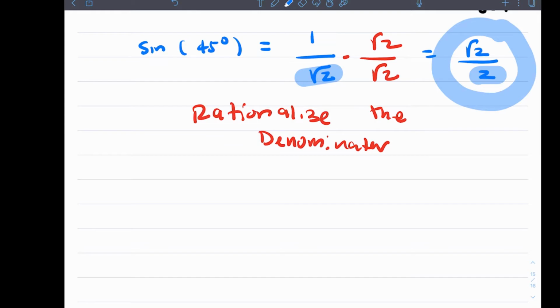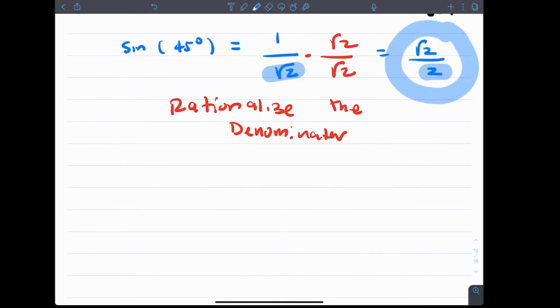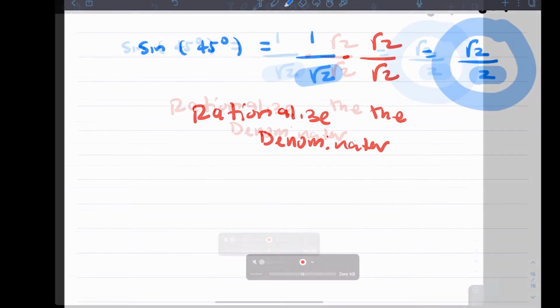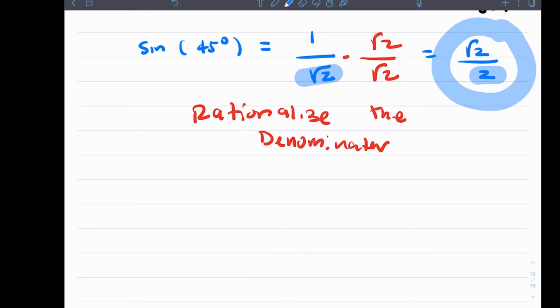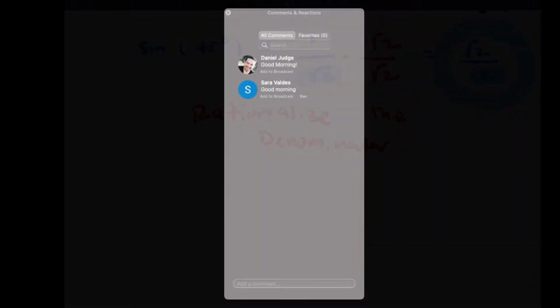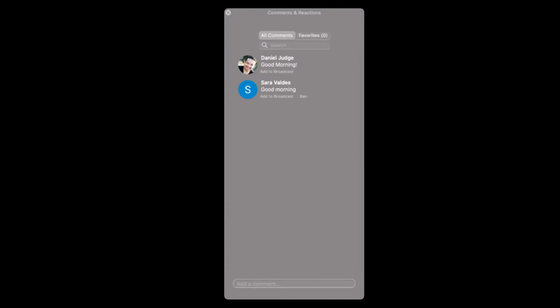Okay, so I want you guys to know that. And I'm even going to say, oh, let me get this out. There it is. The TI-84 calculator wakes up pretty slow. So if I go here and we say square root of 2 over 2, do you guys know what that is numerically?